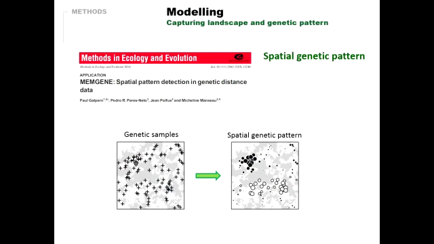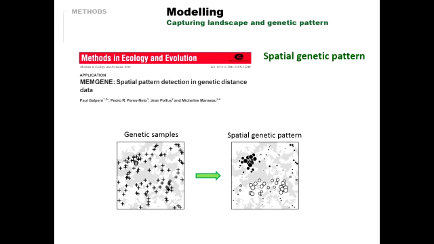What I want to talk about now is not capturing landscape pattern, but capturing spatial genetic pattern. This is a paper that I published with Pedro Peres-Neto and others in Methods in Ecology and Evolution just last July. The real goal of this is to take a bunch of animals sampled on a landscape. This is a simulated landscape. Those crosses indicate where they are, and we pull out patterns in their genetic relatedness.